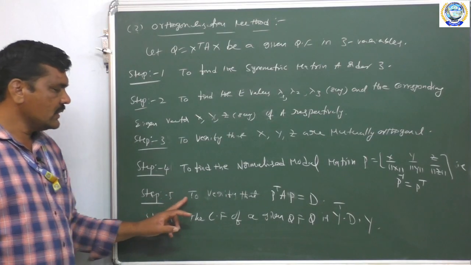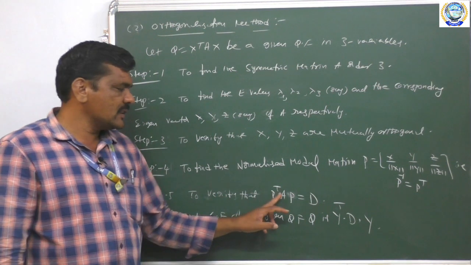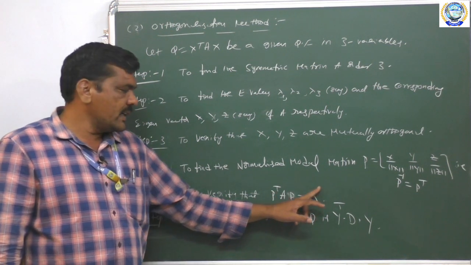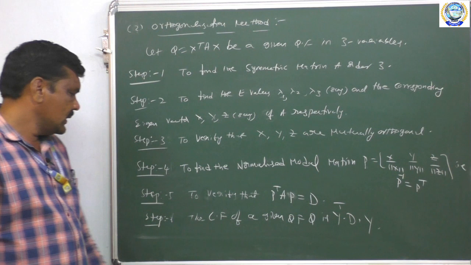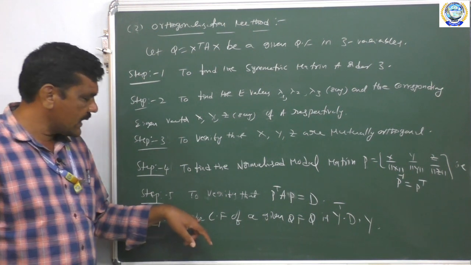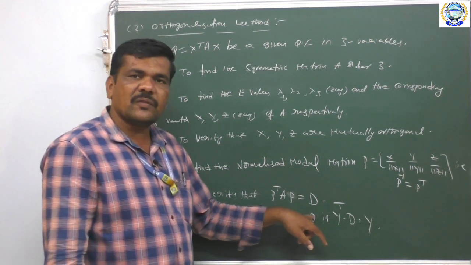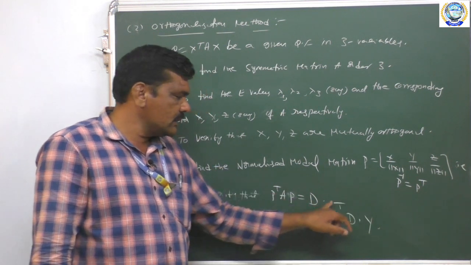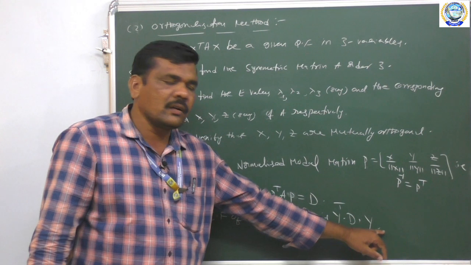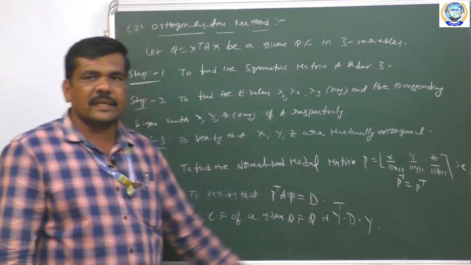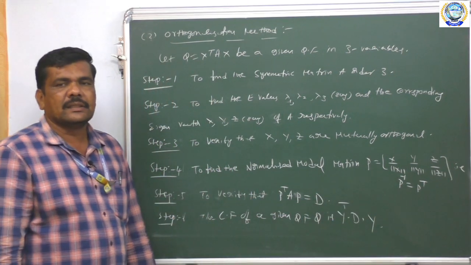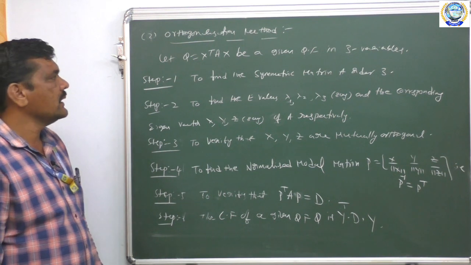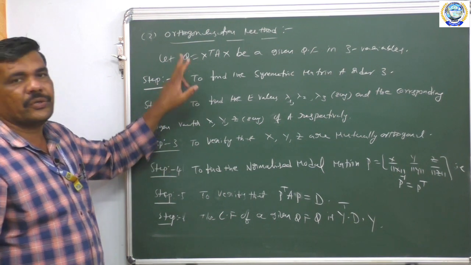Next, in step 5, to verify that P transpose AP is D. After getting D, we get the canonical form. In step 6, we get the canonical form. The canonical form of a given quadratic form Q is Y transpose D Y. From this canonical form, or sum of squares form, we get the rank, index, signature and nature of the quadratic form Q.